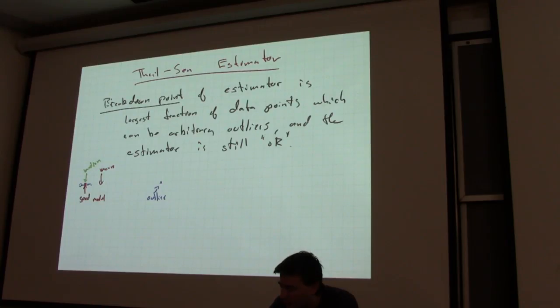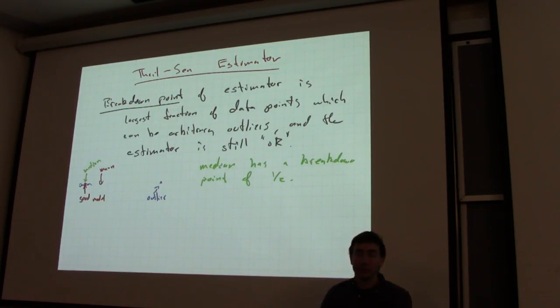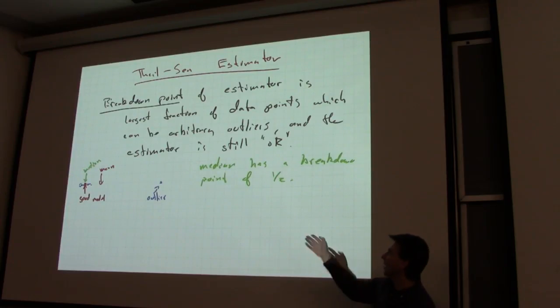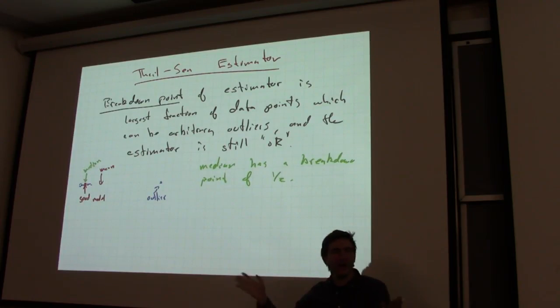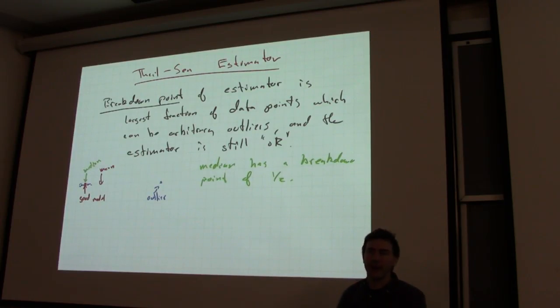But the median has a breakdown point of 1/2, which is the best possible. It actually has to be slightly less than 1/2, but in the limit it's 1/2, right?